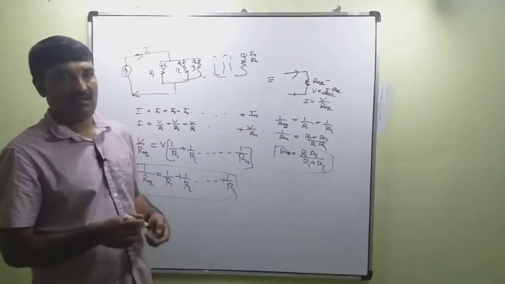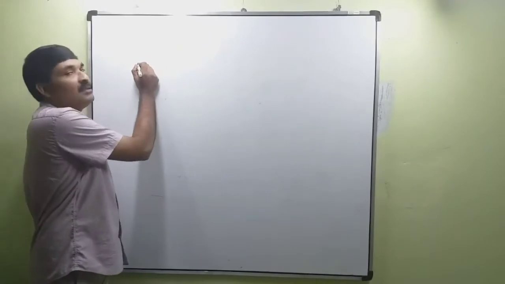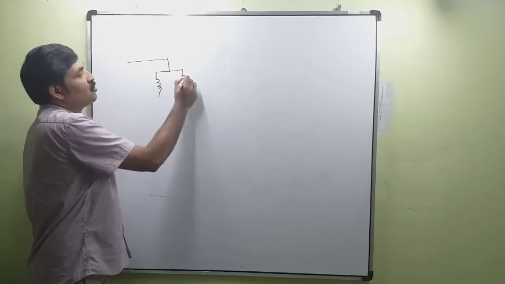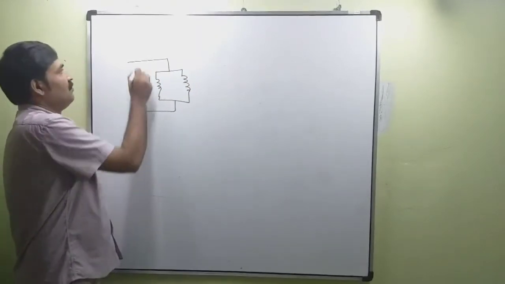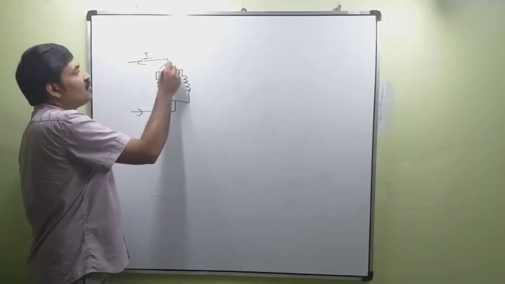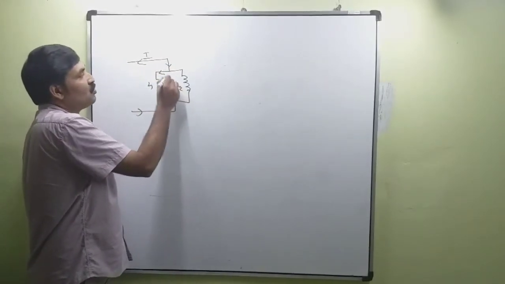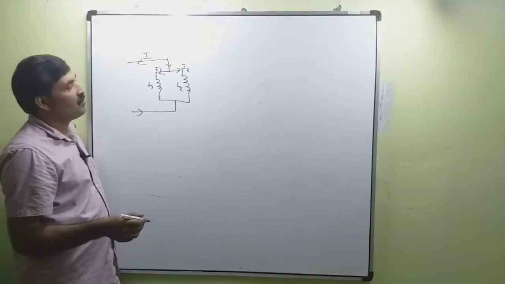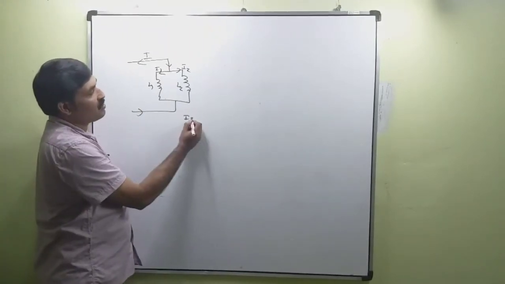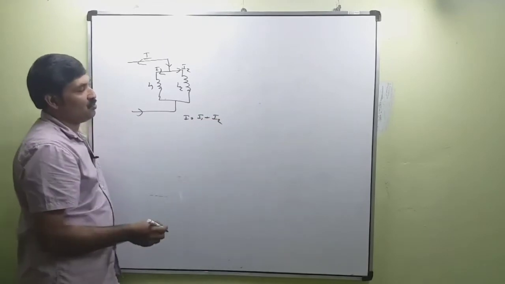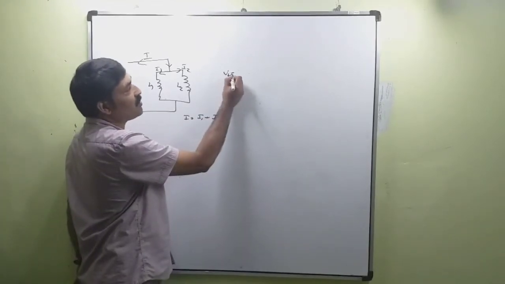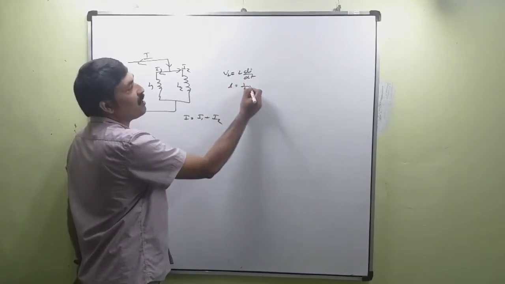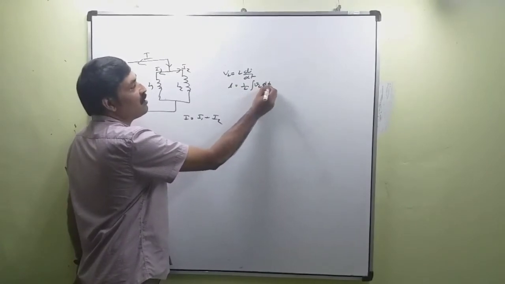This is the derivation. Now consider inductances connected in parallel. Two inductances, L1 and L2, connected in parallel. Let the current be I, and the currents through L1 and L2 be I1 and I2. Now I is equal to I1 plus I2, and the voltage across an inductance can be written as L di by dt, or current is equal to 1 by L into integral V of t dt.